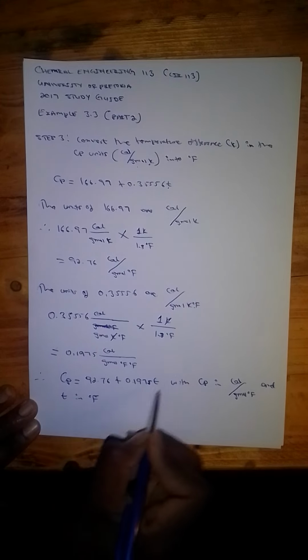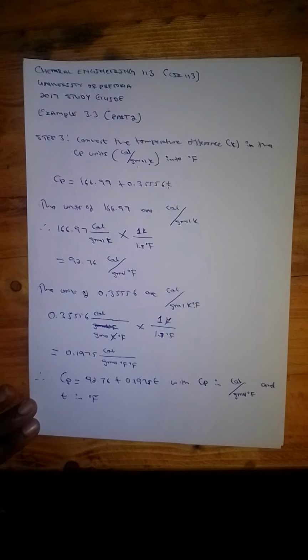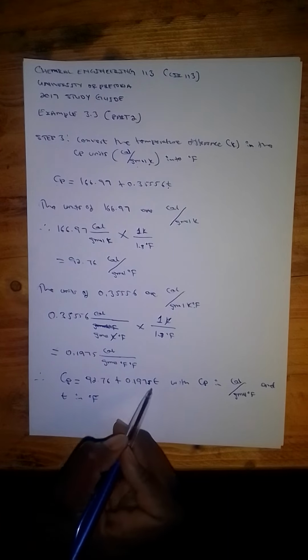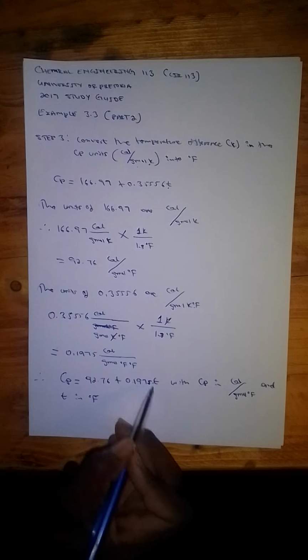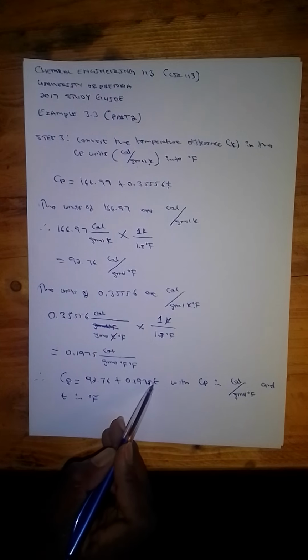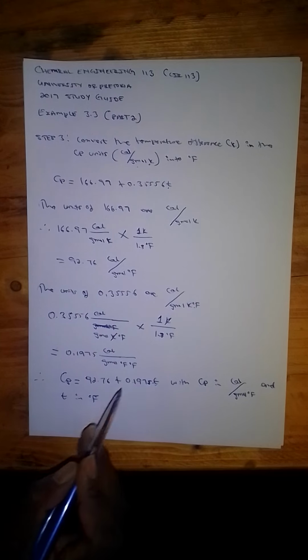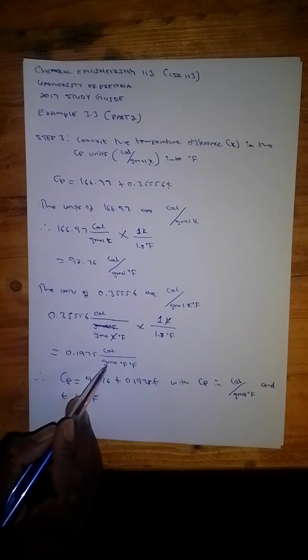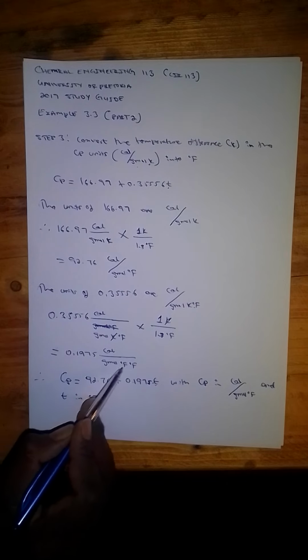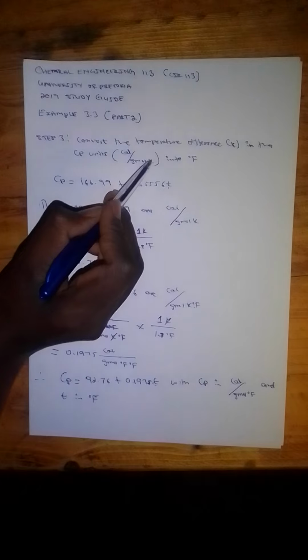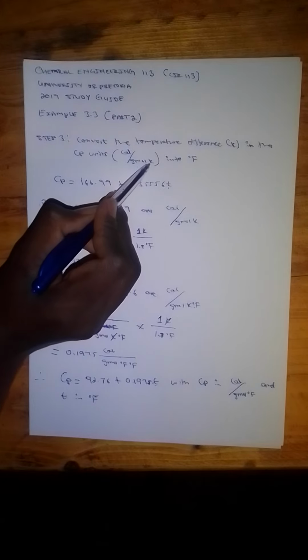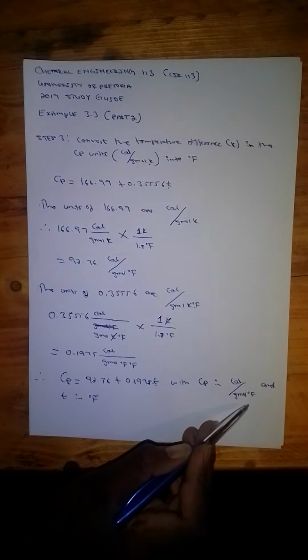So this is actually the new equation, where, when we compare it with the first equation that we were given with capital T, we have amended the real temperature. We changed it from Kelvin into degrees Fahrenheit. We've also changed the units of the temperature difference from Kelvin into degrees Fahrenheit.